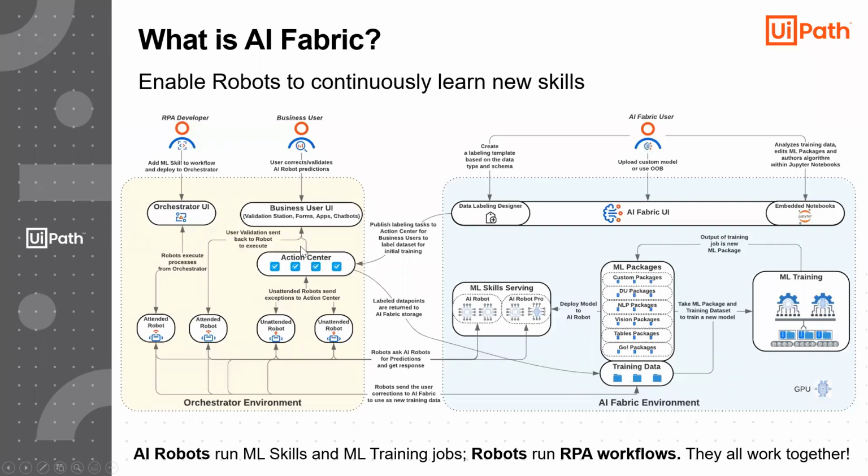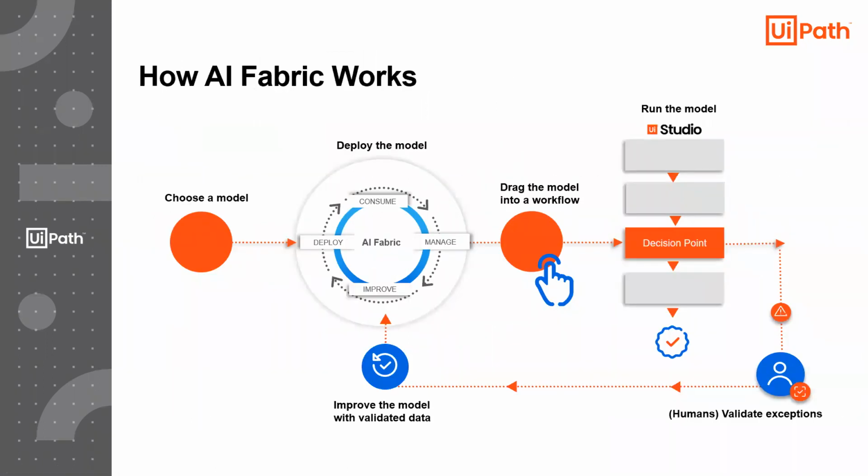And this will most likely be done through Action Center, which allows you to interact very easily with the processes, basically. So a business user will interact with Action Center. From a data scientist point of view, it will be like new labeled data. So you will send back this data to AI Fabric. And because you send back this data, then the models that are already on AI Fabric will be able to retrain on this new data, and you will be able to serve again. We'll show you that better on this diagram. So this is what AI Fabric is made for.